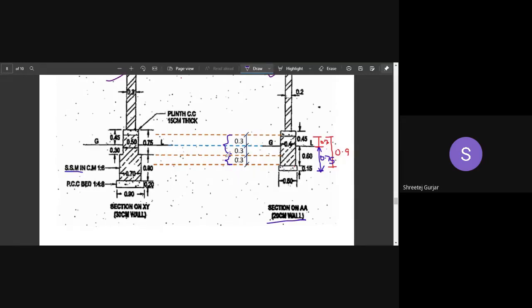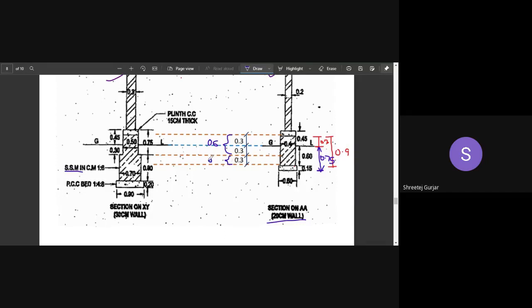At this level, where the width changes, we need to divide it. I have calculated for you the height of this step and the height of this step. So this will be 0.6 and this will be 0.3.